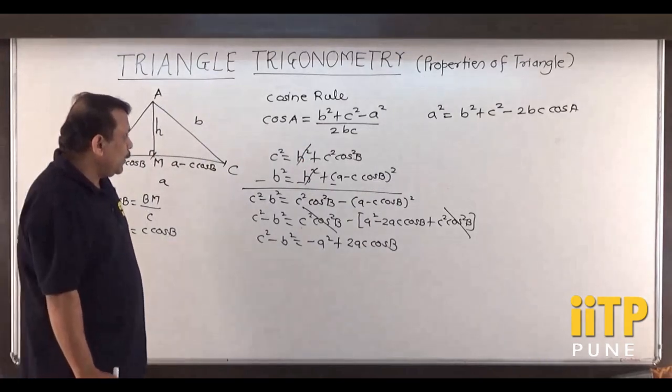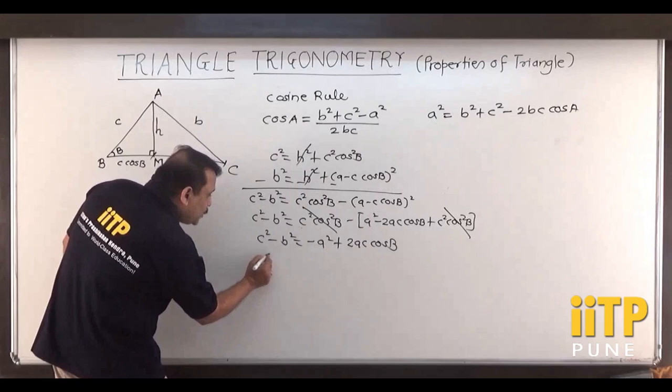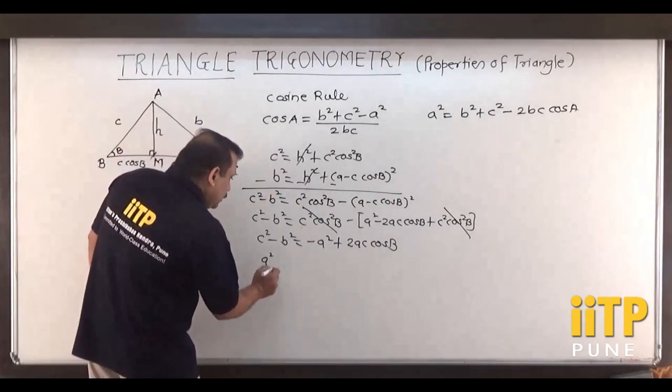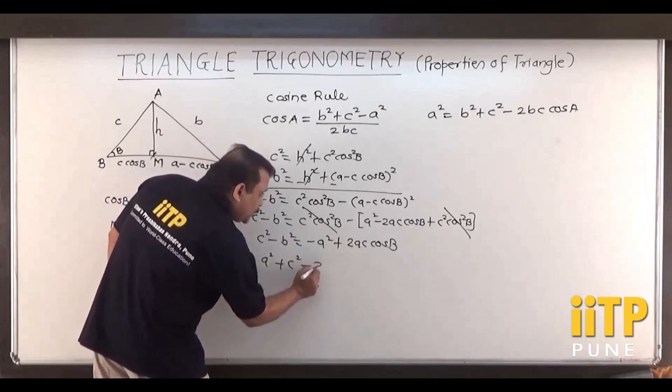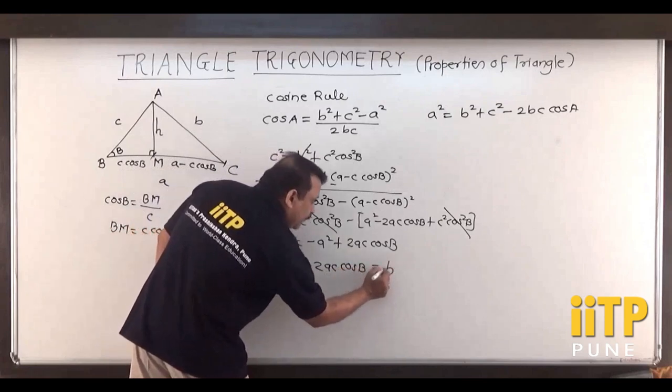So what we are proving essentially is this: a square plus c square minus 2ac cos B is equal to b square.